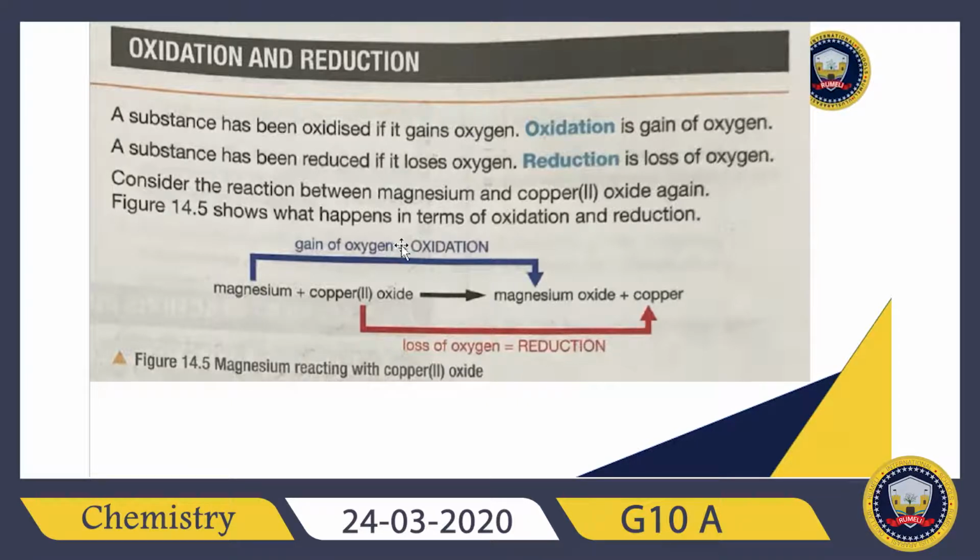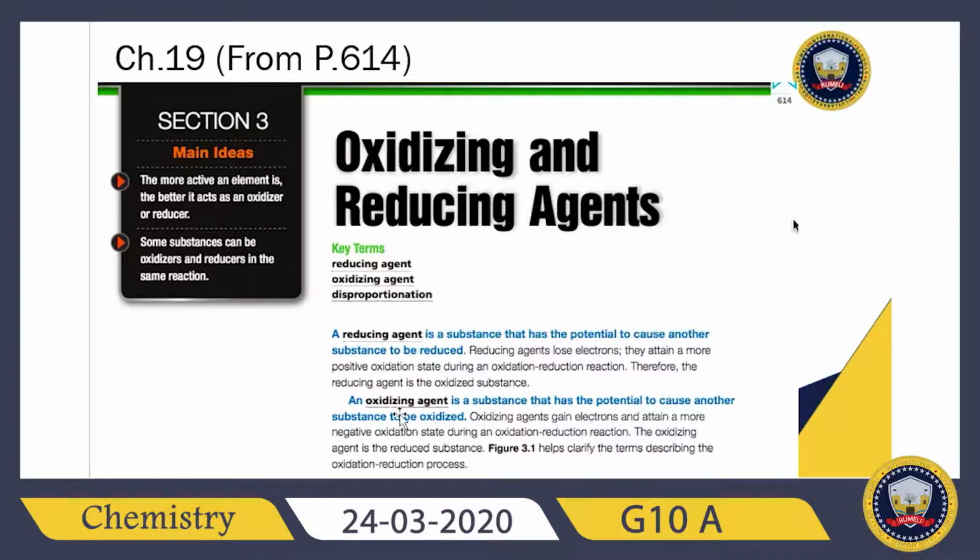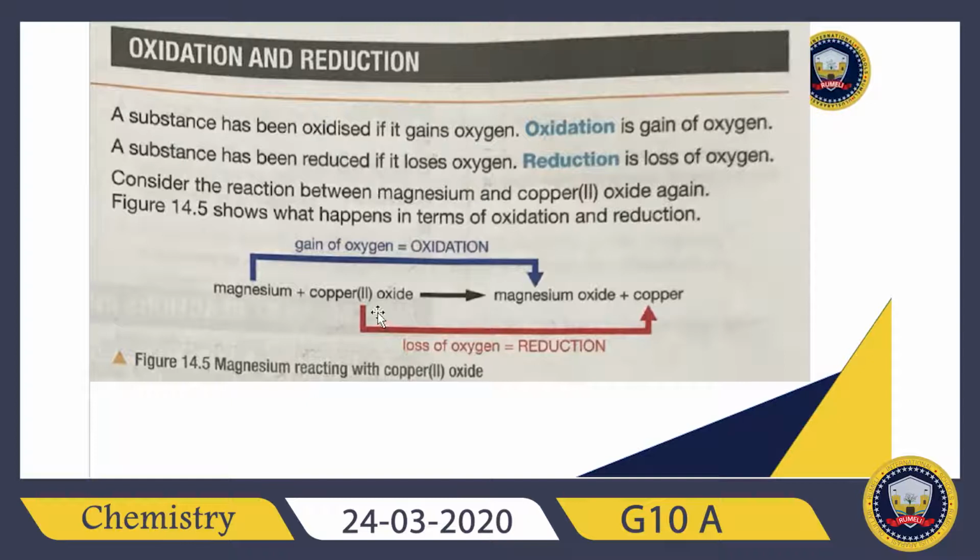Now remember this. The copper(II) oxide is called the oxidizing agent. Why is the copper(II) oxide called an oxidizing agent? Remember, it is the element or compound that a reduction process happened on. A reduction process happened on it, so it is an oxidizing agent.